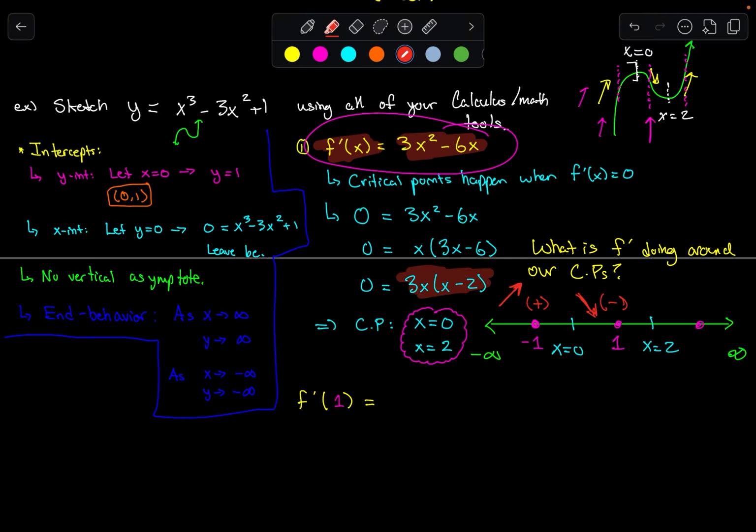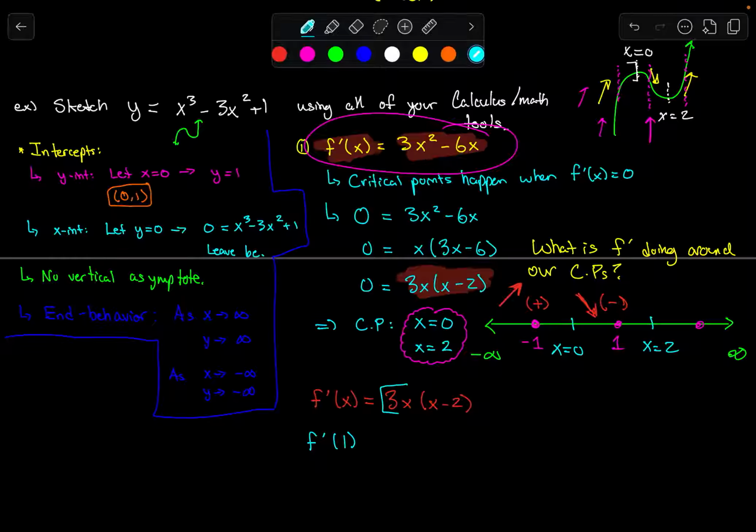Now, why would I want to use that, right? And in fact, I'm just going to write it down here really quick. So we know that f prime of x factored into 3x times x minus 2. This is super useful because now if I want to figure out what f prime of 1 is, I can literally just look and be like, all right, what kind of number is this if I plug in 1?